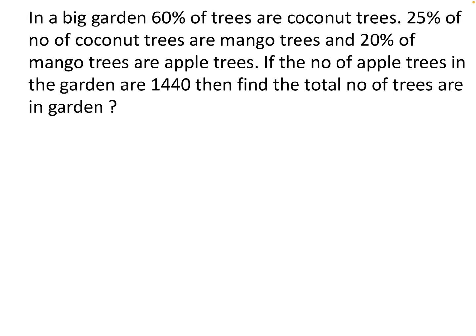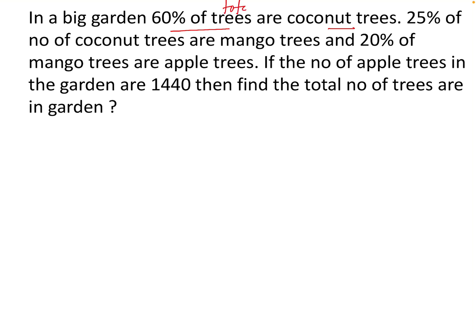Okay, see the first problem. In a big garden, 60% of trees are coconut trees. 60% of trees means what? 60% of total trees.